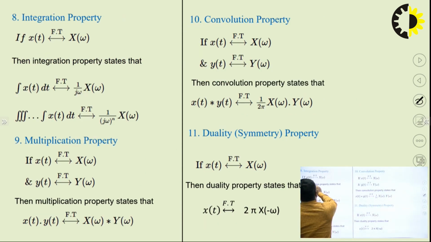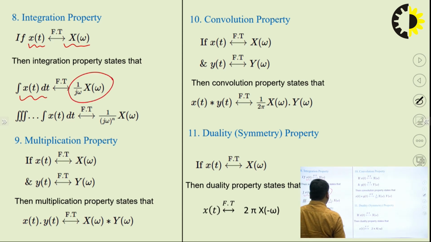Integration property is also there. If x(t) has Fourier transform X(omega), then the integration property states that the first integration of that particular function has the Fourier transform 1/(j omega) X(omega). But if we integrate multiple times, then it becomes 1/(j omega)^n.